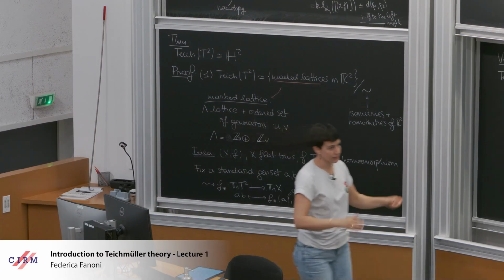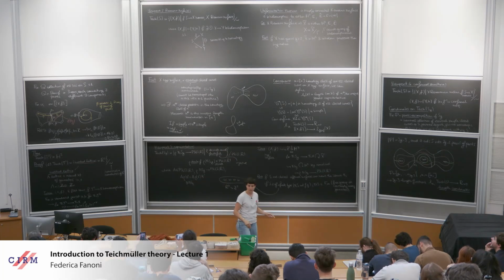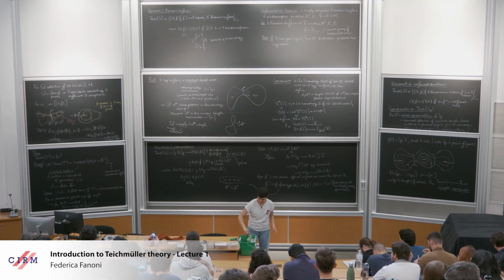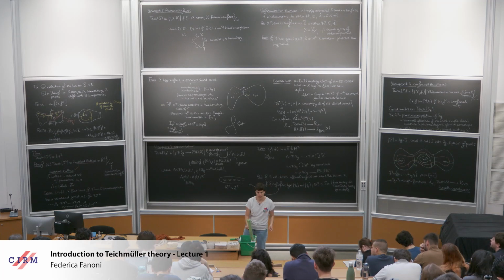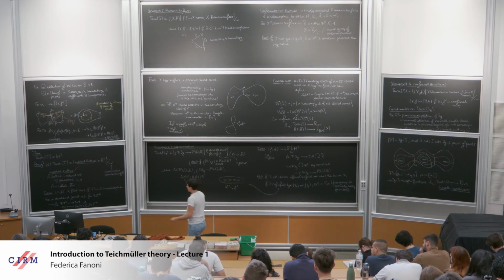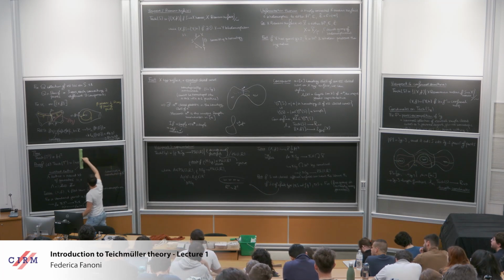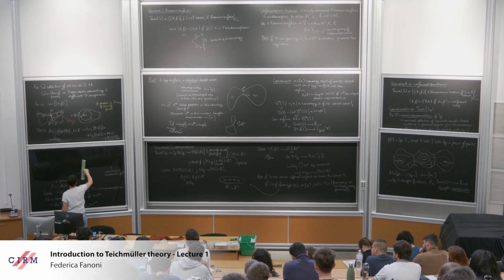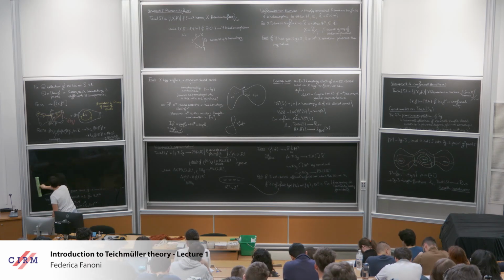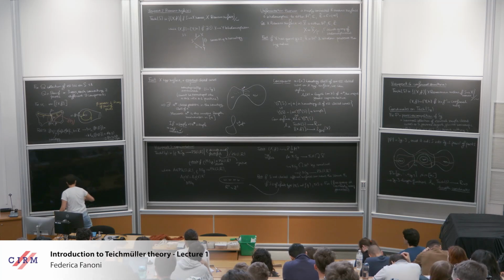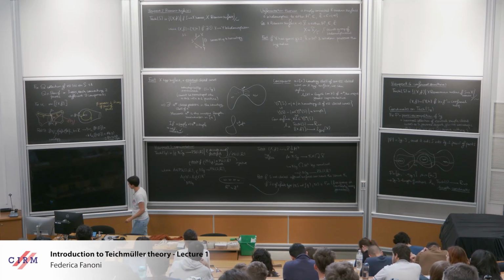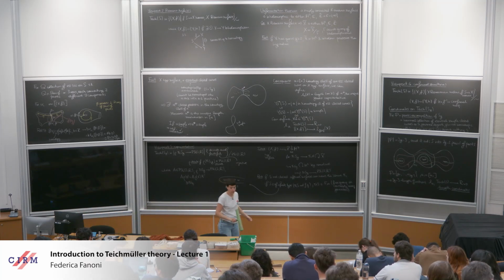The point is that these numbers that we define are enough to determine the point in Teichmüller space, and this set of numbers actually really gives you a set of global coordinates, and they are called Fenchel-Nielsen coordinates. So I need to know the lengths of the boundary curves of the pairs of pants and how to glue them.